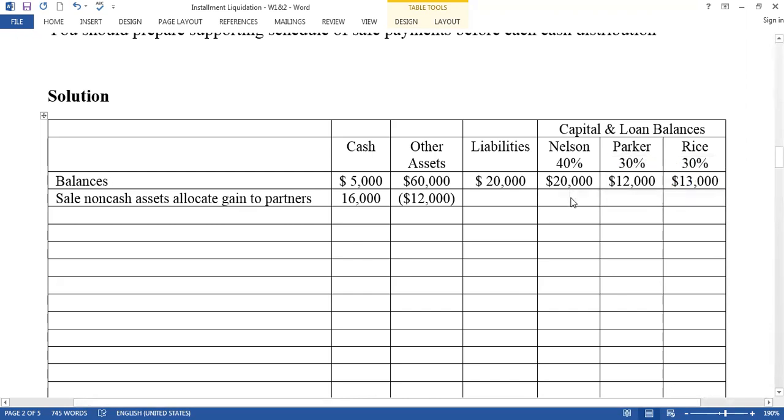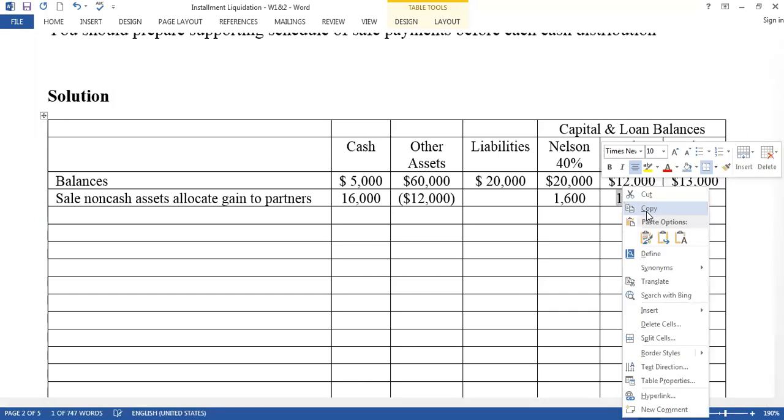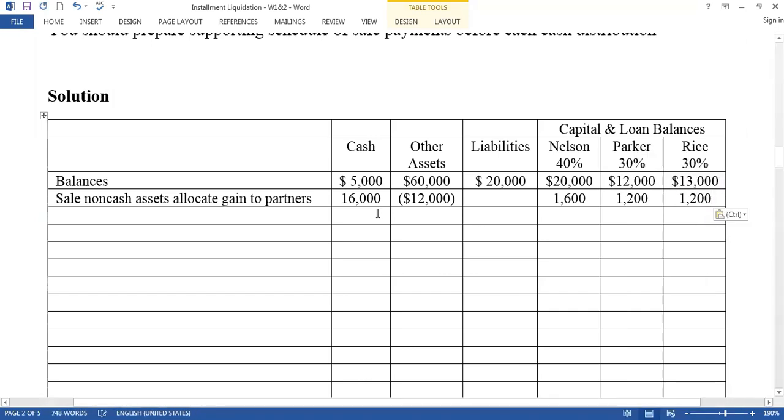So 1,600, then 1,200, and 1,200. So we have a gain and we allocate it to the partners. Now what is the balance here? Cash became $21,000, so our remaining non-cash asset is $48,000.